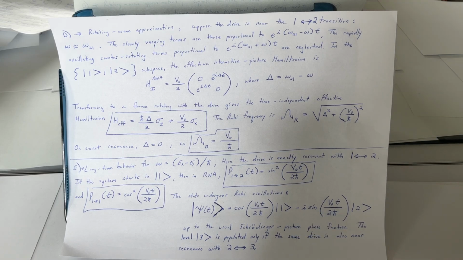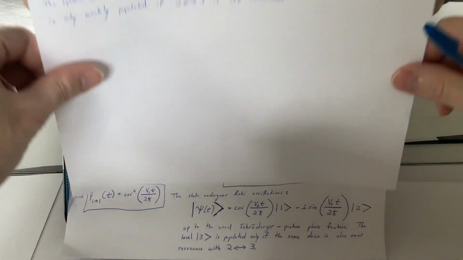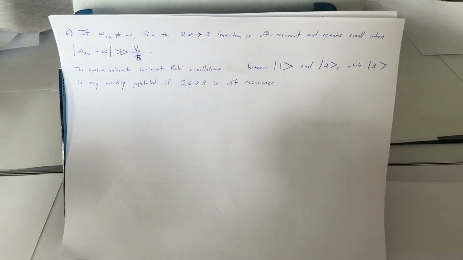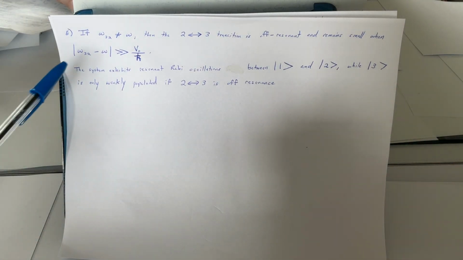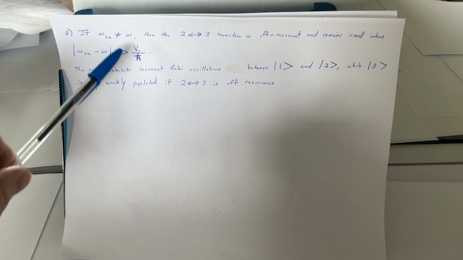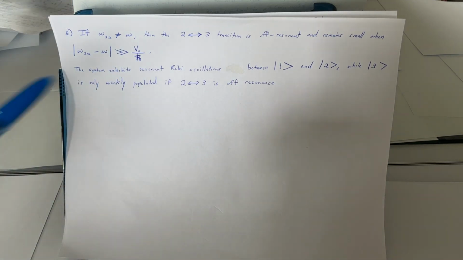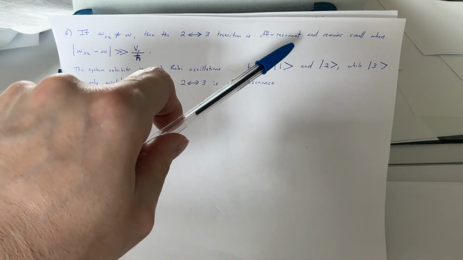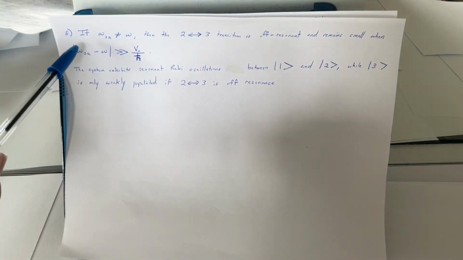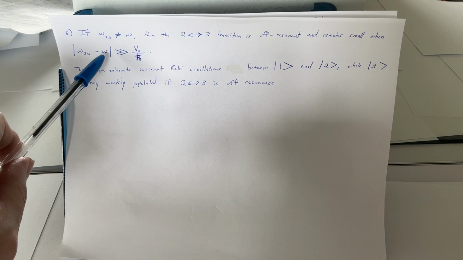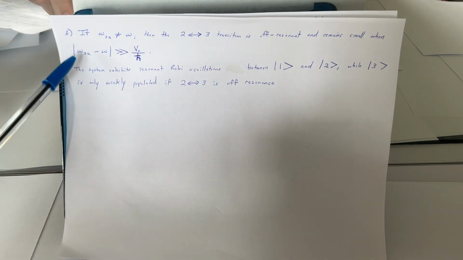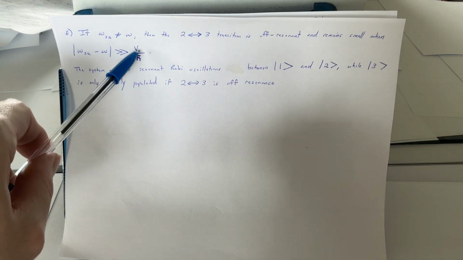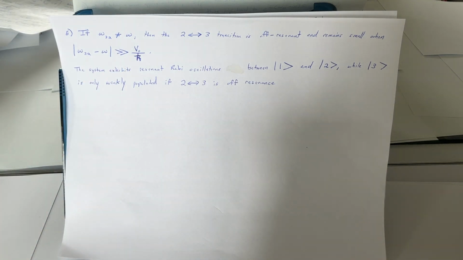Okay, now we're ready to move on to the rest of letter E. So if omega 32 does not equal omega, then this 2 couples 3 transition is off resonant and remains small when the absolute value of omega 32 minus omega is much greater than V naught over H bar.